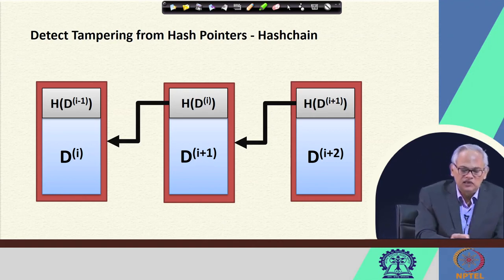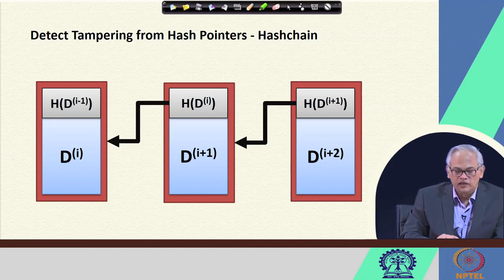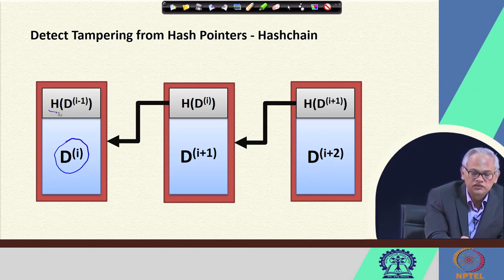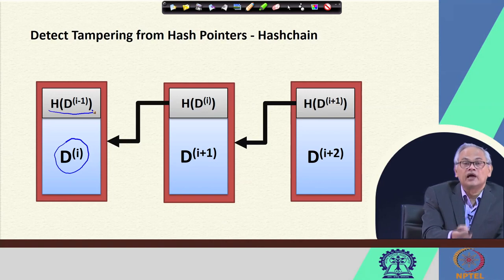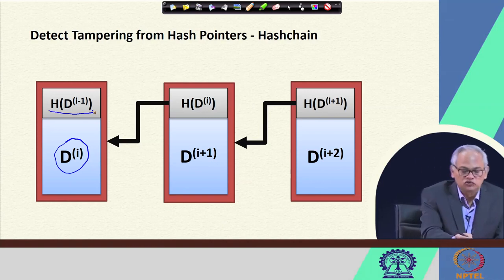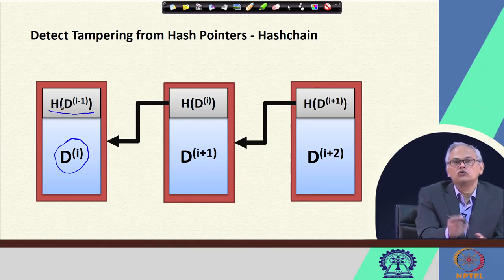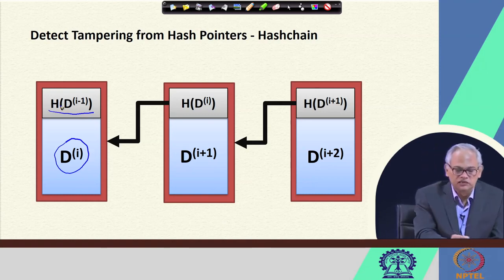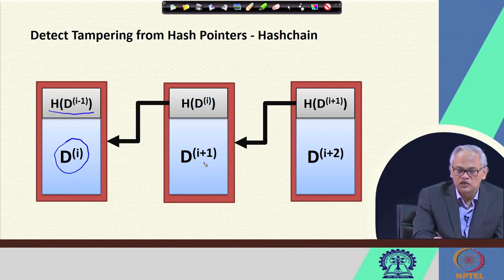So, if you see here, we have the data in this first block, and we have its hash, which is the hash of the previous block. Let us have this example. We do not know about the previous block, that is the (i minus 1)th block. Let us go from this ith block to the next block, which is i plus 1.